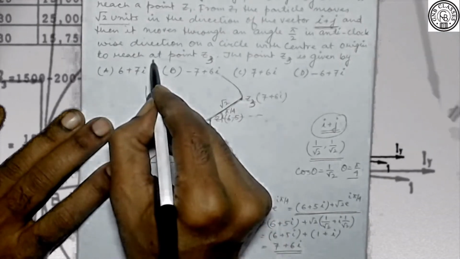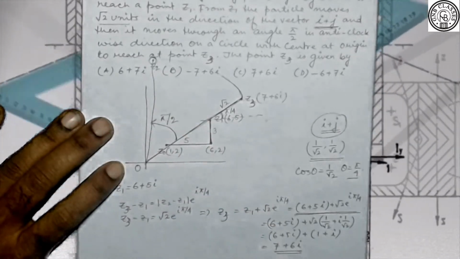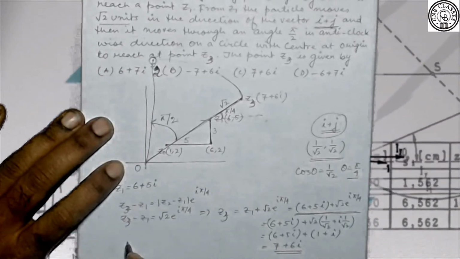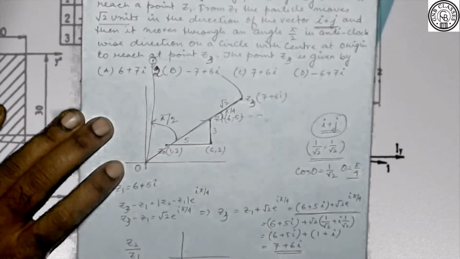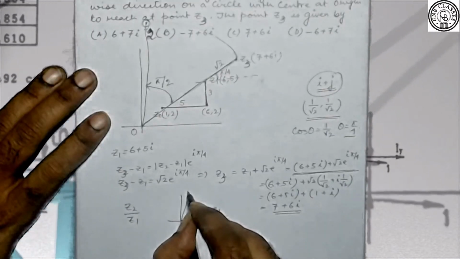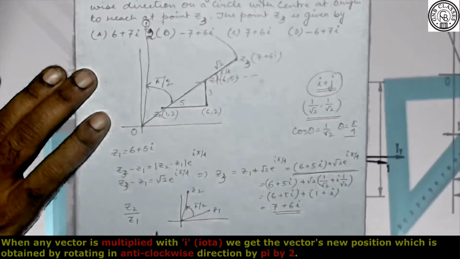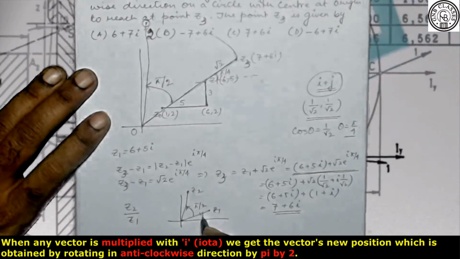Now we have to find out the coordinate of Z2 or the position vector of Z2. We know, as I told you before, Z2 by Z1, what was the theory? If this is Z1 and this is Z2, and the angle between them is pi by 2, then by applying Coni's method, we will have this length and this length the same.